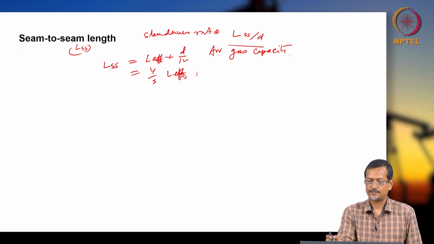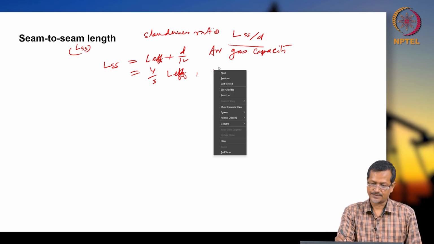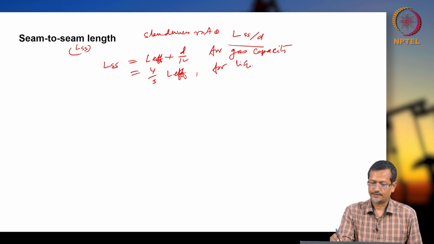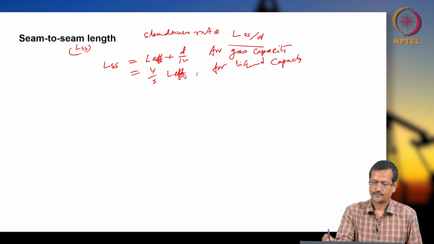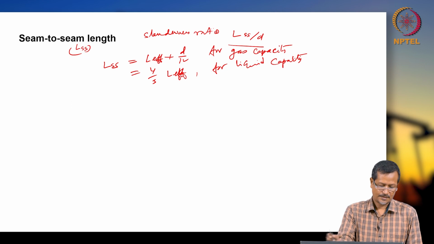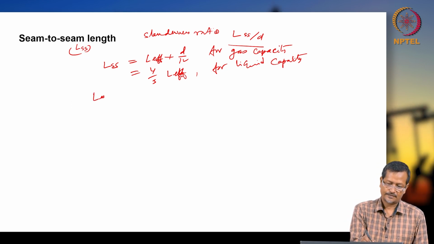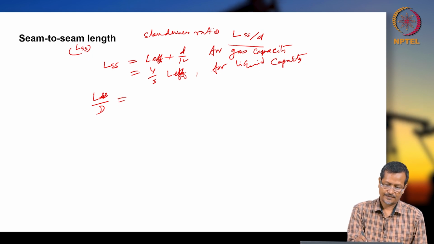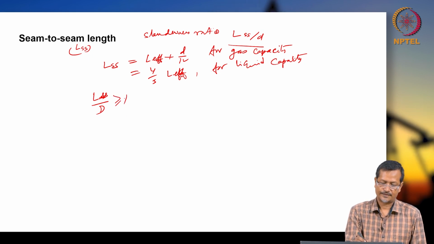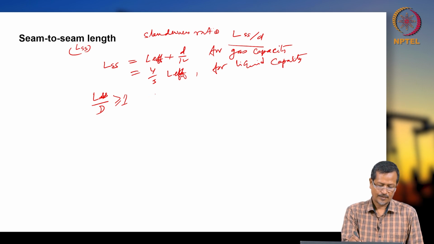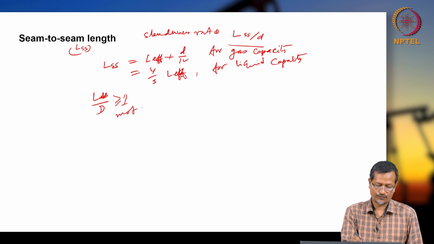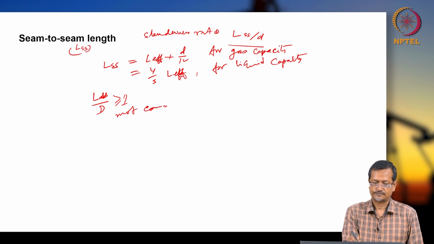Any one you can use based on your gas capacity or liquid capacity. LSS divided by D must be greater than or equal to 1. For a horizontal separator, the most common LSS by D will be 3 to 4.